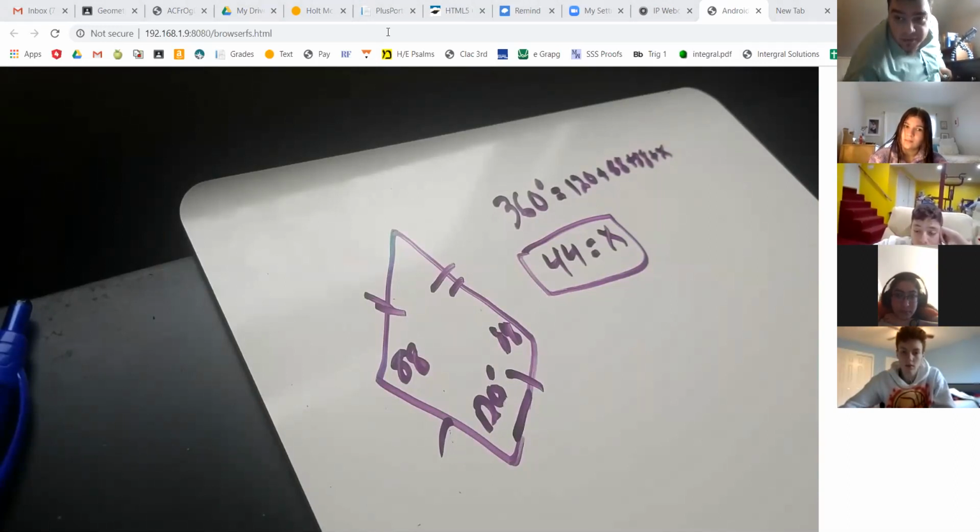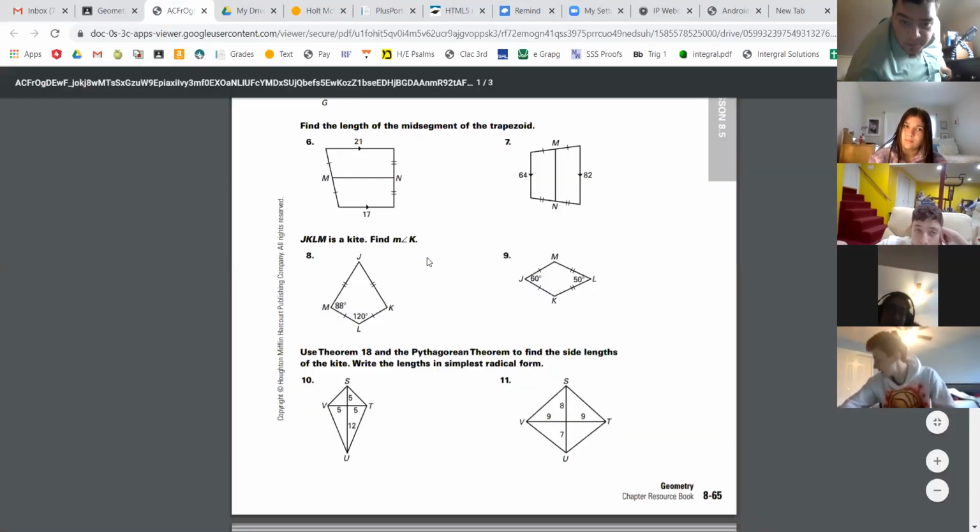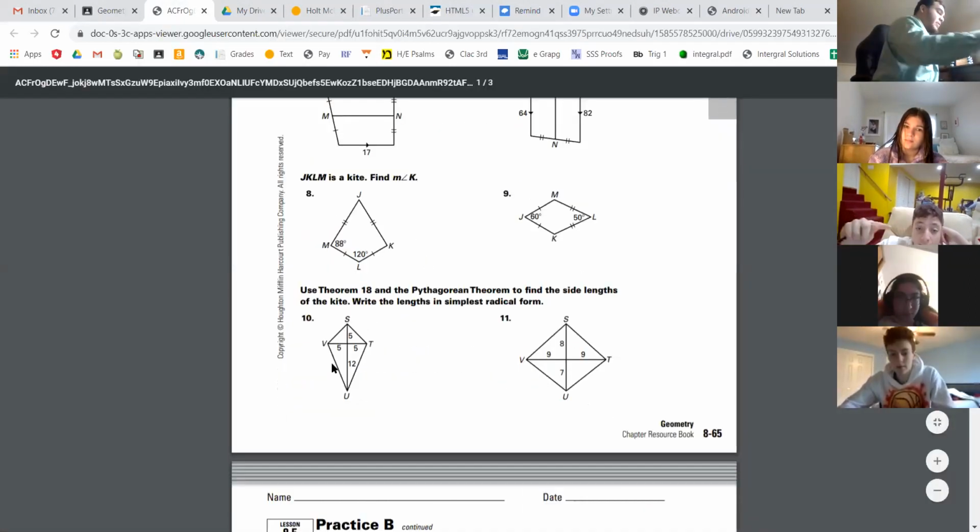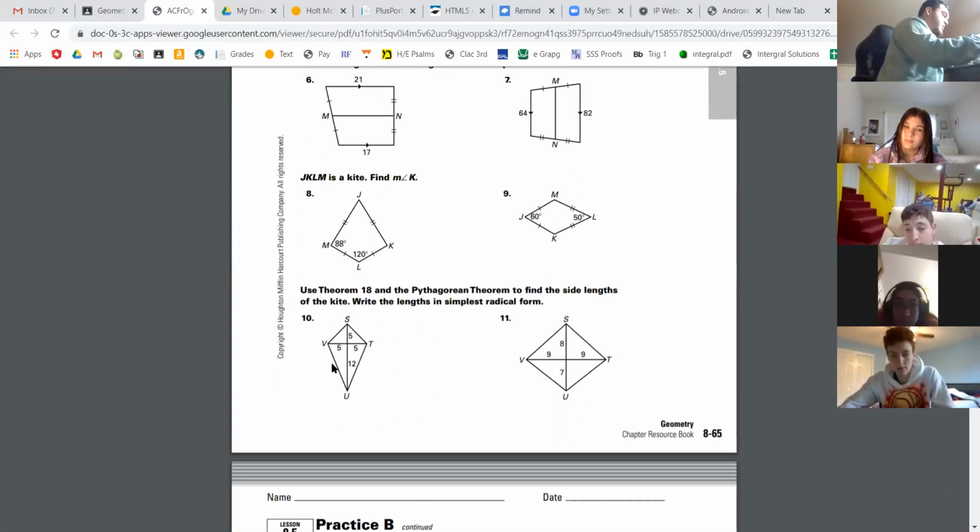So the middle lines, yeah, I'm going to finish that one too. So that is number 10 of the worksheet. Now we have the cross sections, or what we call the diagonals, because they're going across the shape. So it actually looks like that kite you actually fly.